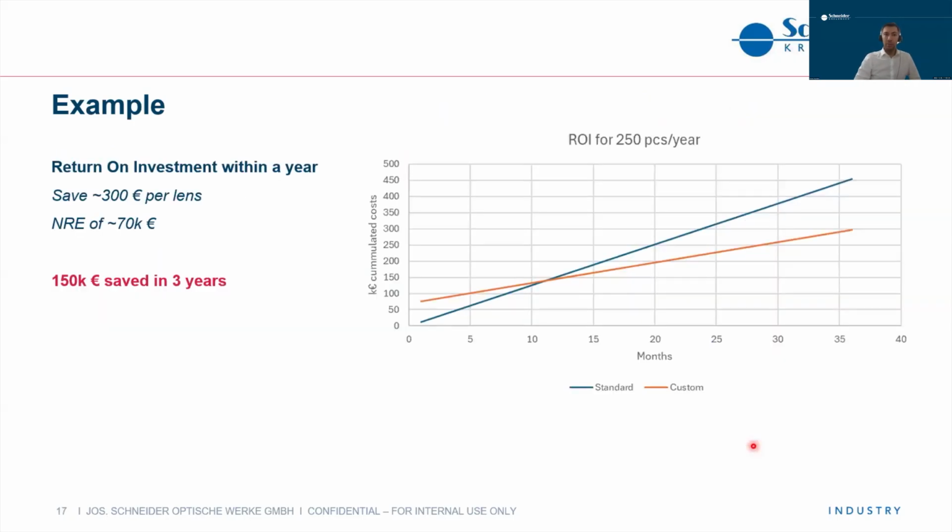And if we look quickly at how quickly a customer will get his money back for the development, the customer is saving about 300 euro per lens. The development of such a lens would cost about 70,000 euro, and after 12 months the customer is basically breaking even. And after 3 years, there is a saving of about 150,000 euro.